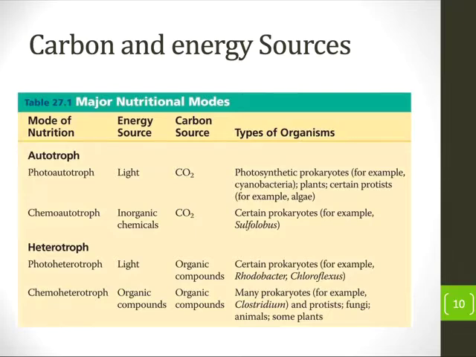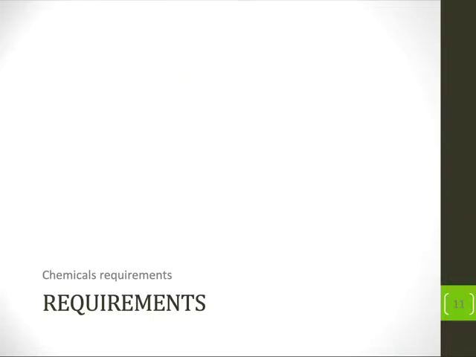An example will be sulfolobus. Then you have the heterotrophs. The photo will use light as a source of energy, the chemo will use organic compounds, but they all will use organic compounds as a source of their carbon. What then do these microorganisms require in terms of enzymes, in terms of vitamins that they need?